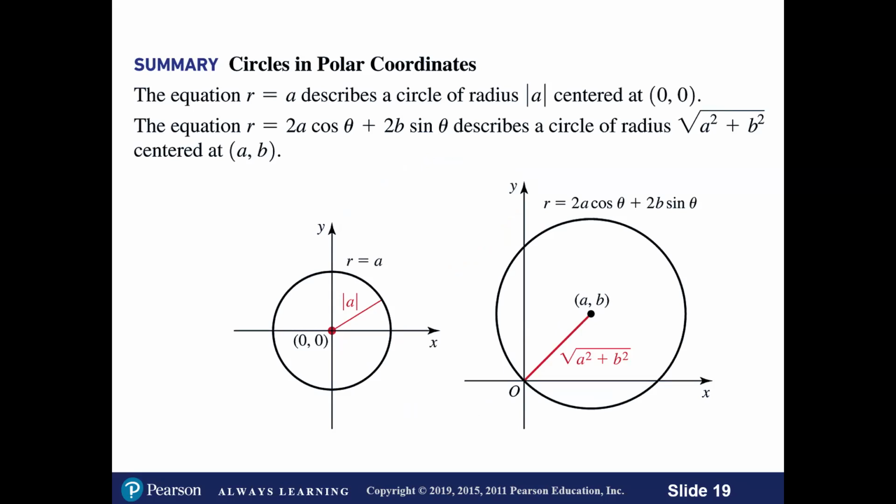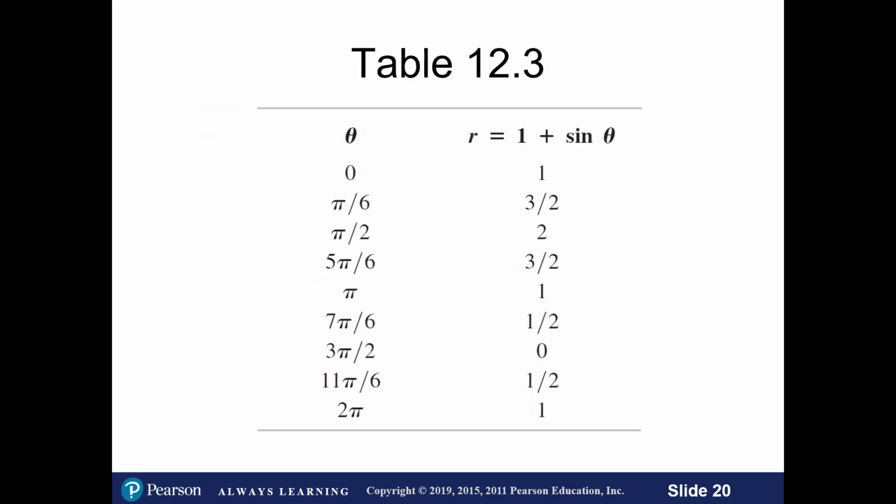To go back to our original, we had 10 cosine theta plus 24 sine theta. 2a was 10, that means a was 5. 2b was 24, so b was 12. And sure enough, that does match what we got when we completed the square.